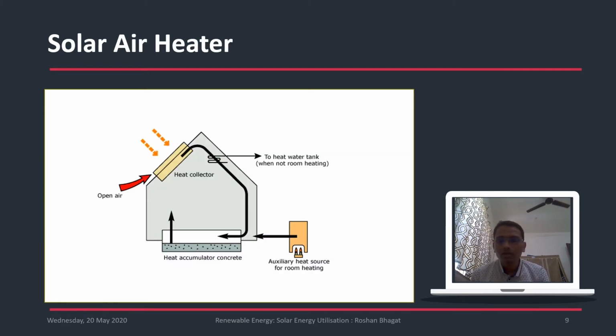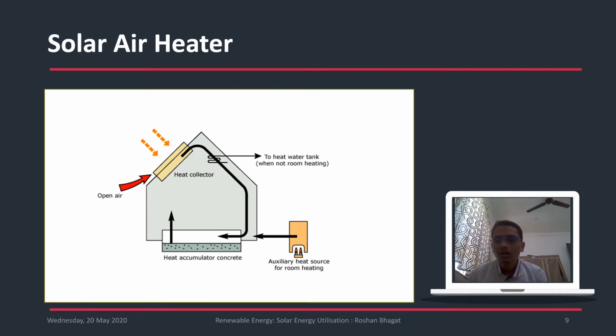Now the solar flat plate collector was used for heating the water. There is also one which is used for heating air. In some regions, if you require heated air for some applications, maybe for drying of grains, or to remove moisture present in something like wood, or to dry out certain things, in such cases you can do this with the help of a solar air heater.